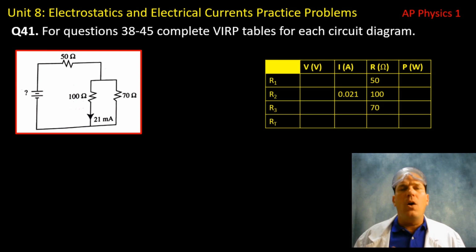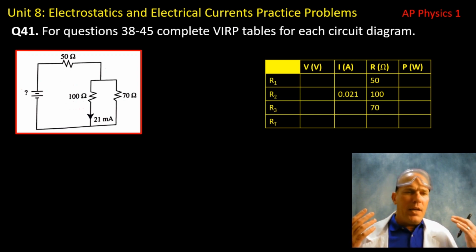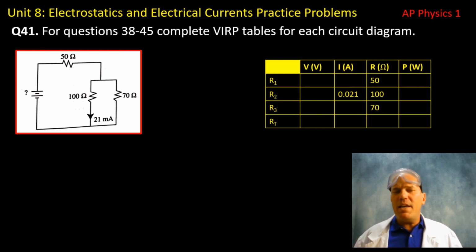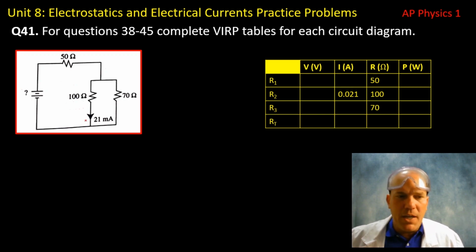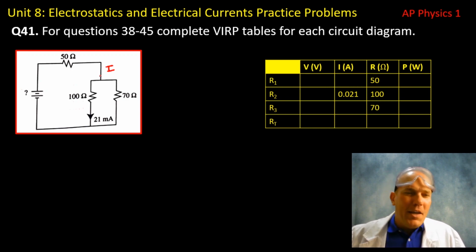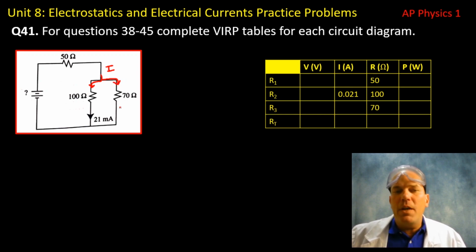We know all three resistors, we know the value, and we also know that we have a 21 milliamp current at this exact location. Well, application of Kirchhoff's junction rule and conservation of charge, whatever the total charge is that you have, you're going to have some going this way and some going through the 70 ohm resistor.